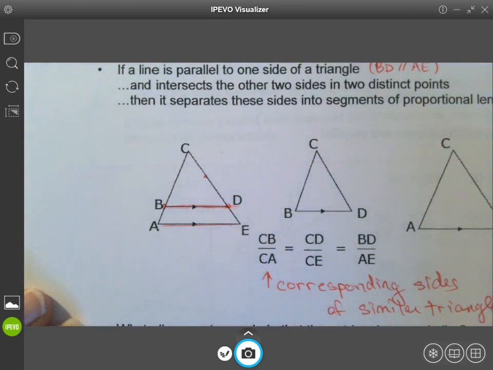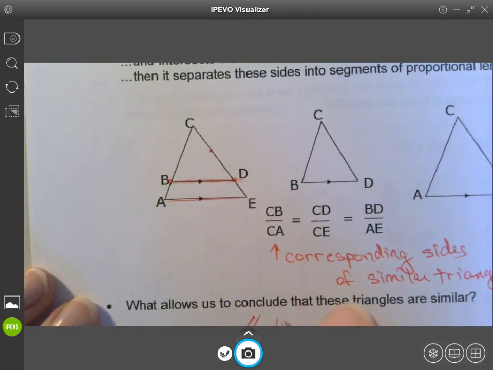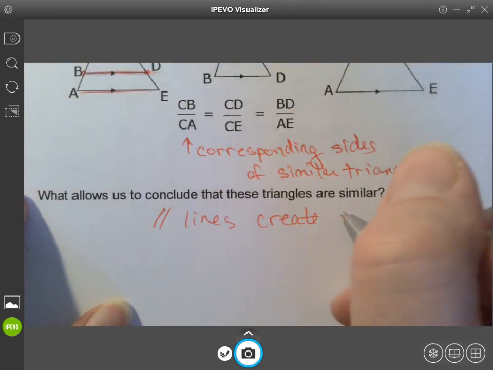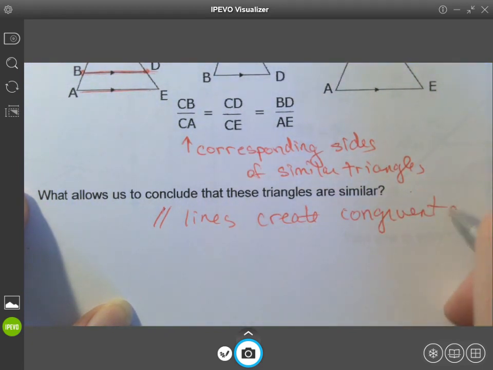Now, what allows me to conclude the triangles are similar? It's the parallel lines, okay? Parallel lines create congruent corresponding angles. Everything's got to be corresponding.